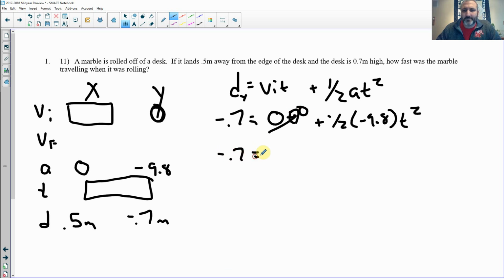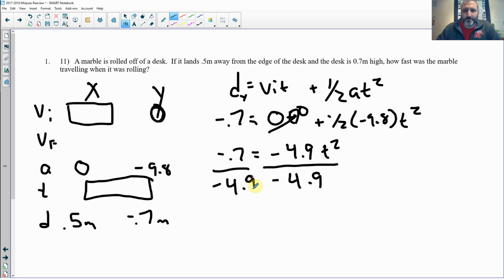Negative 0.7 equals half of negative 9.8, which is negative 4.9 t squared. We can divide both sides by negative 4.9. Those go away. Negative 0.7 divided by negative 4.9.